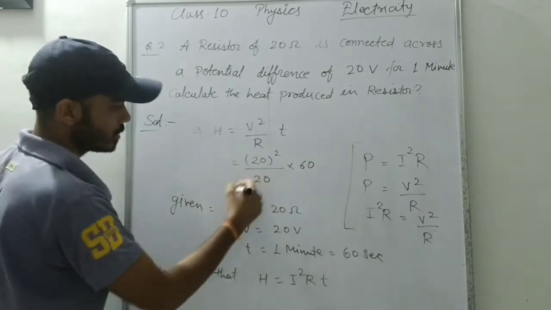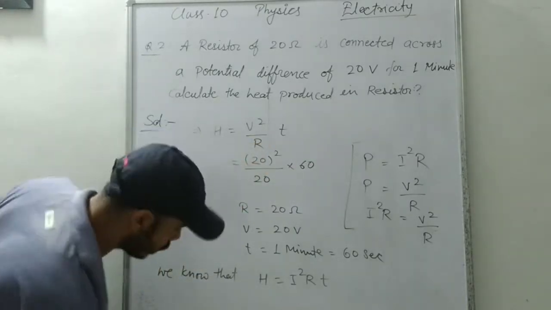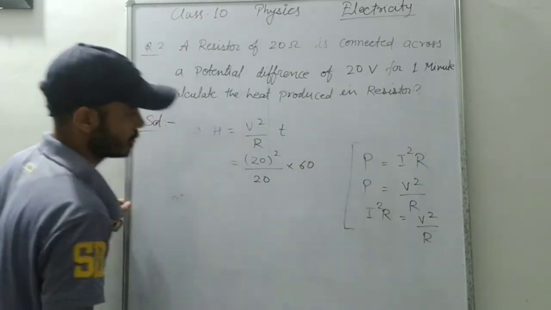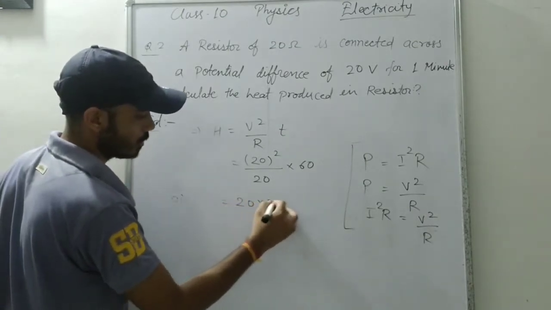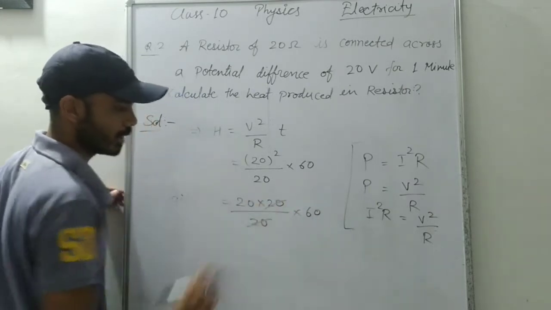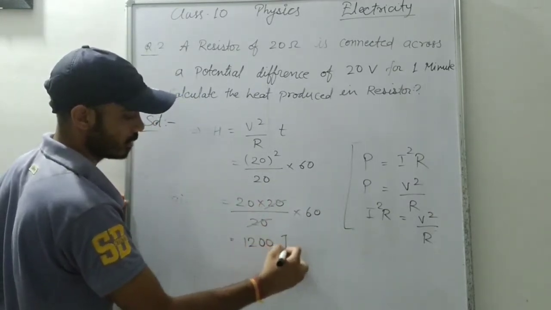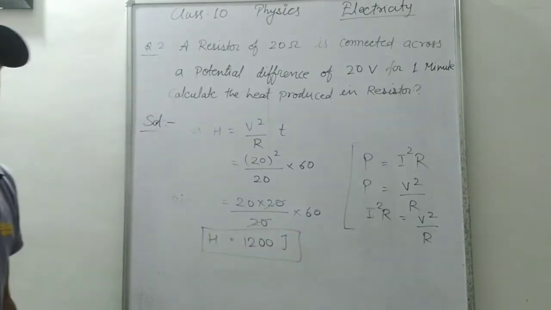Okay, so we can just divide 20 square by 20, so only 20 is left. Here we can write 20 square into 20 into 20 into 60. So cancel this, and again 6 to 12, and the unit of heat is joule. So H is equal to 1200 joule.